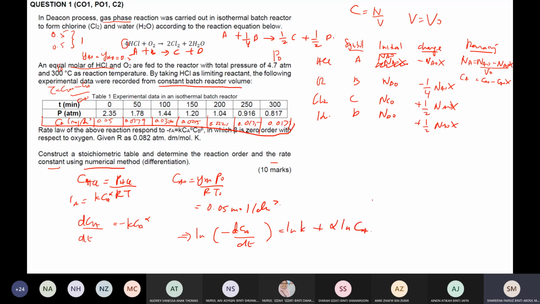Okay, so you can construct plotkan dia, plot ln negative dCa over dt versus with the ln Ca. Okay, so your alpha you will get around 2 and K is around 0.127 to the cube mole over min. Okay, so that will be the answer lah.